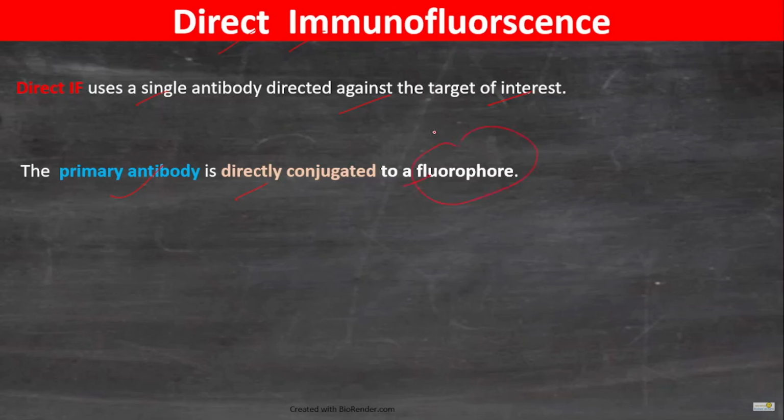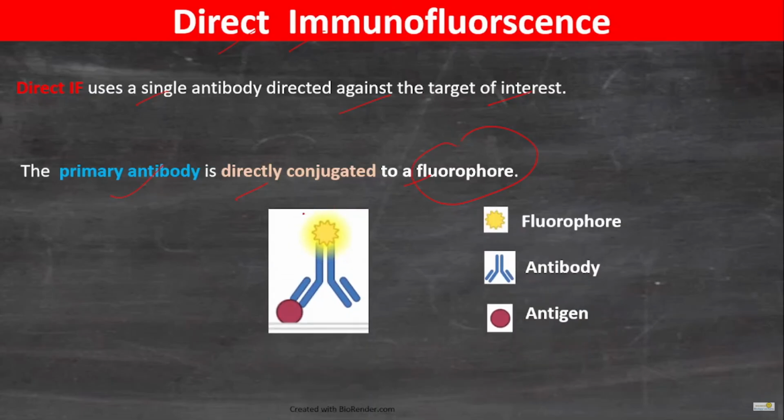A fluorophore is a fluorescent molecule. As shown in this picture, this fluorophore is directly conjugated to this primary antibody, and this fluorophore-conjugated primary antibody binds to our protein of interest. This is called direct immunofluorescence.